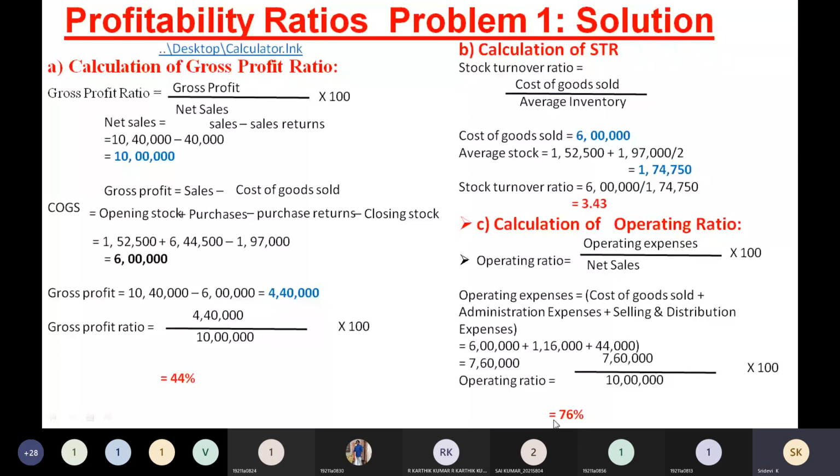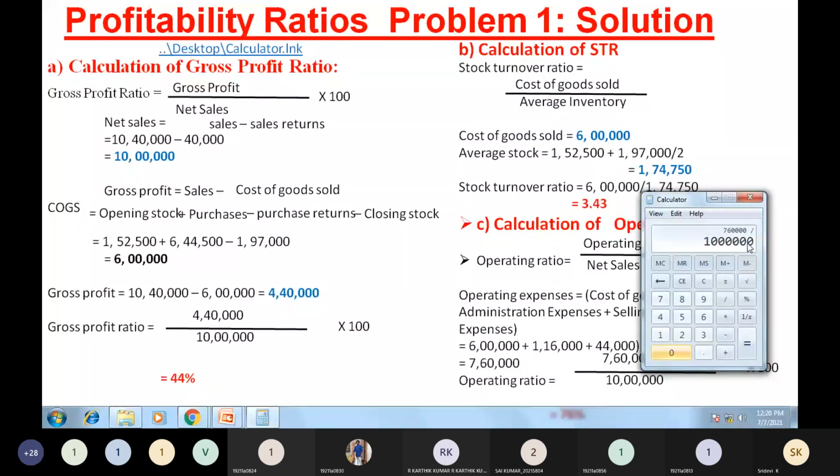If you have any doubt, you can use the calculator also: 7,60,000 divided by 10 lakhs into 100. See, we got 76. The same we have shown there. So 76% is the operating ratio.